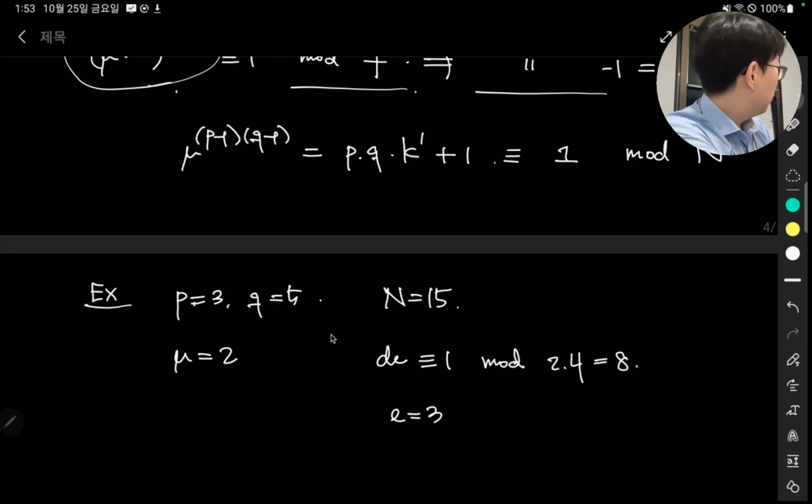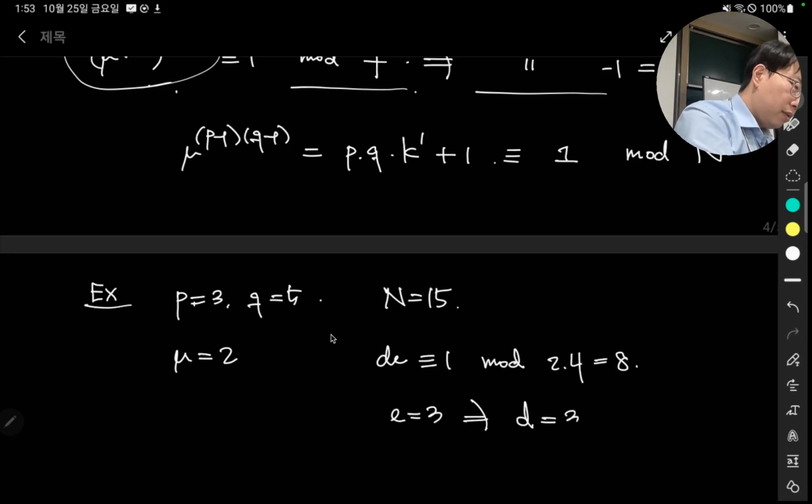Co-prime means that it has no common divisor, and 3 and 8 don't have any common divisor. So if I take E to be 3, what should D be? There's only a unique D satisfying DE equal to 1 modulo 8. Let's see, oh, D is also 3, right?